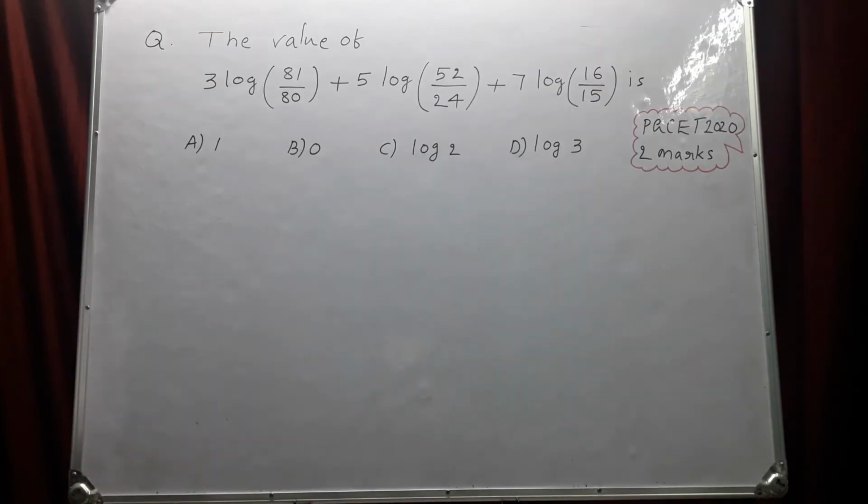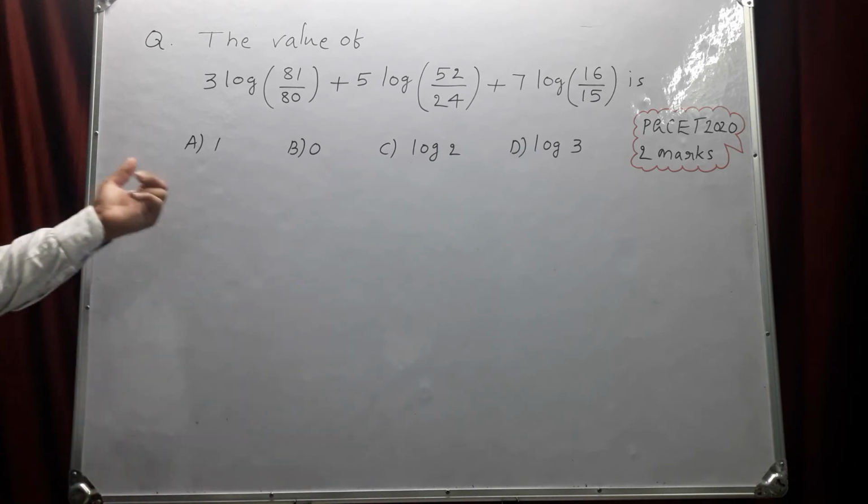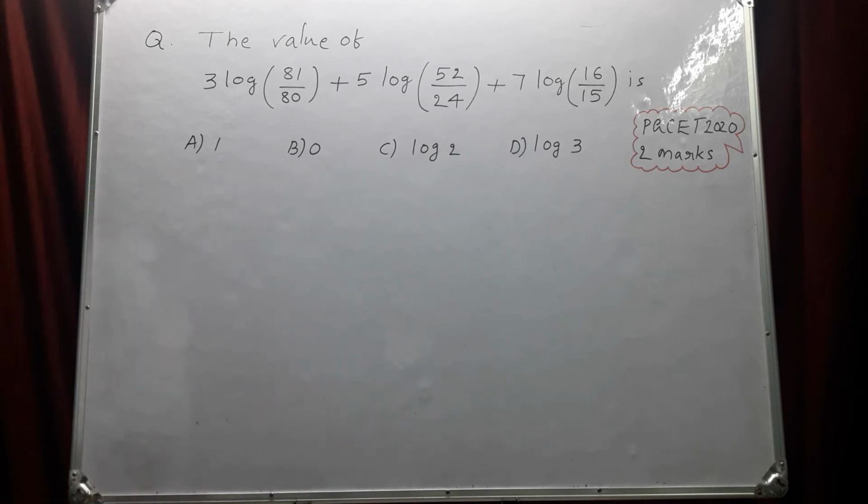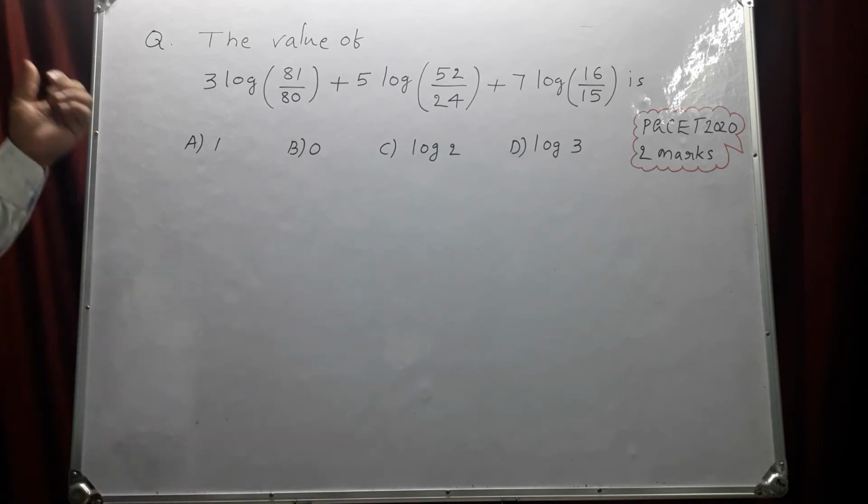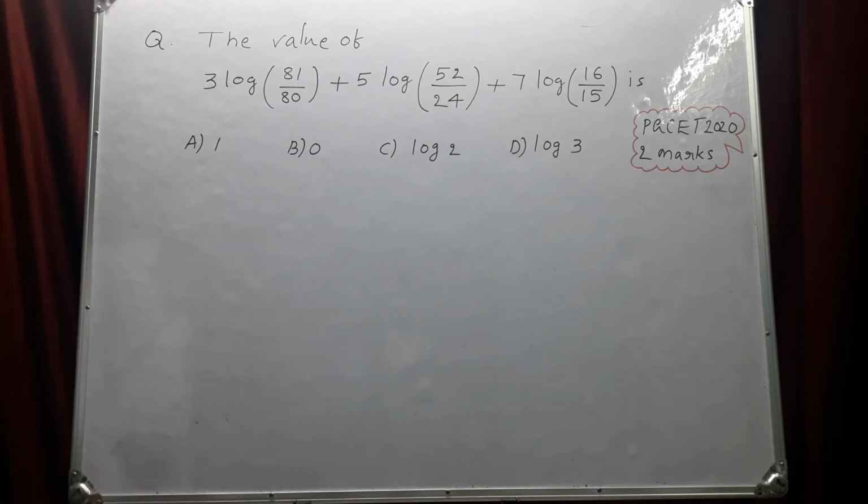So next question. The value of 3 log 81 by 80 plus 5 log 52 by 24 plus 7 log 16 by 15 is, options are 1, 0, log 2 and log 3. For this question they have given the grace mark in the last PGCET 2020.